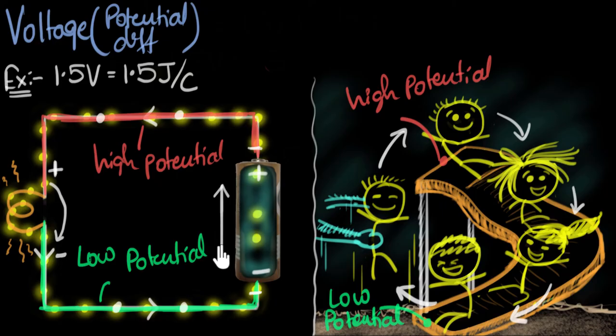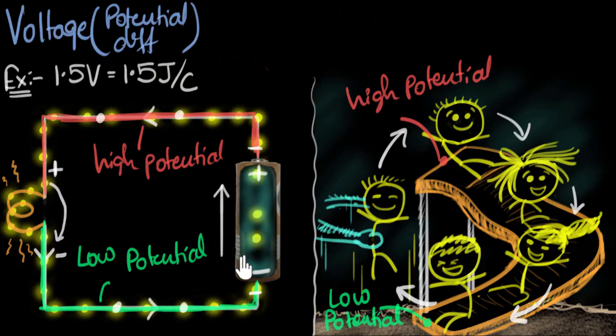So let's just look at what that is. You see over here, when the battery is transferring the charges from low potential to high potential, we saw it's the battery who's transferring energy into the charges, just like how this guy transfers energy into the kid. In physics, whenever you transfer energy, we say you are doing work. That's it.